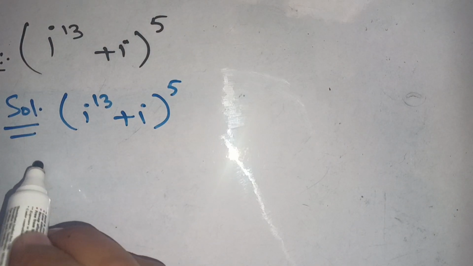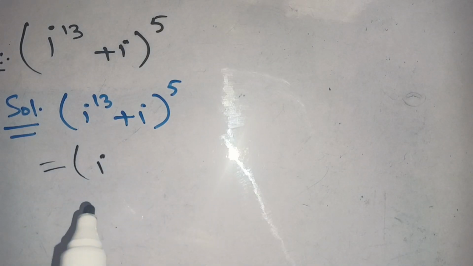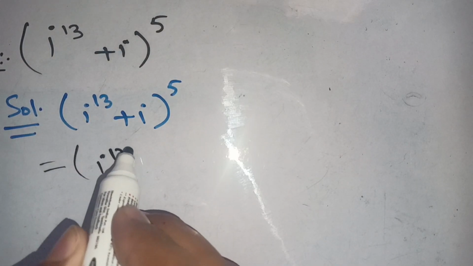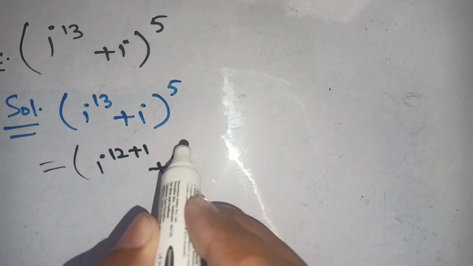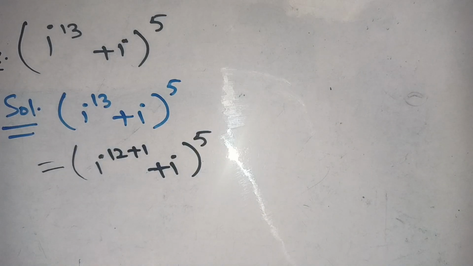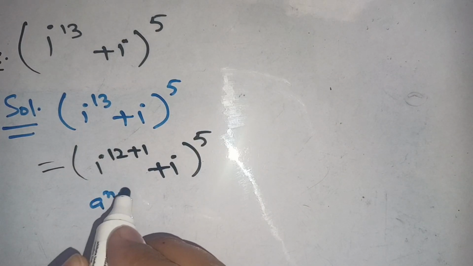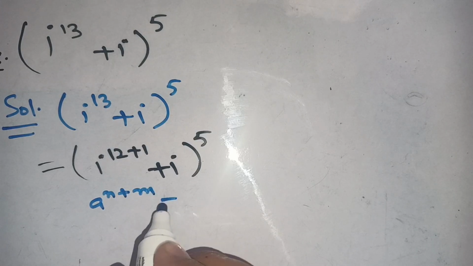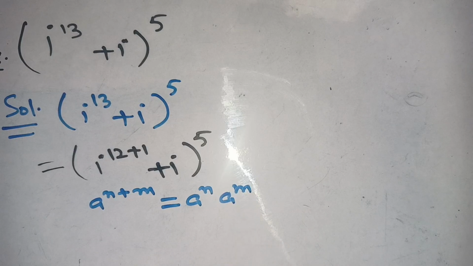Let us solve this. First of all, we can write it as iota power 13, and 13 can be broken down as 12 plus 1, plus iota, whole power 5. Now, we know that a power (n plus m) is equal to a power n times a power m.